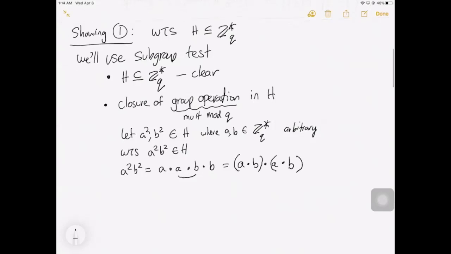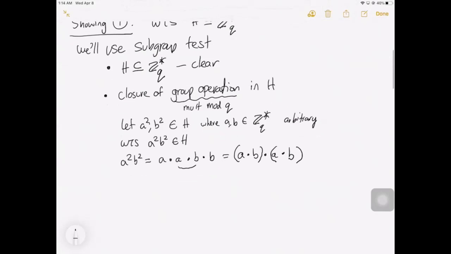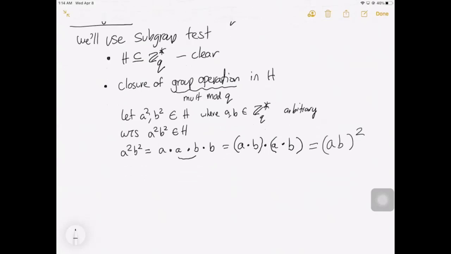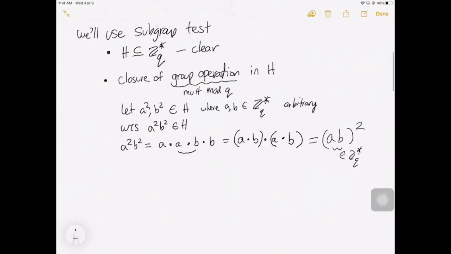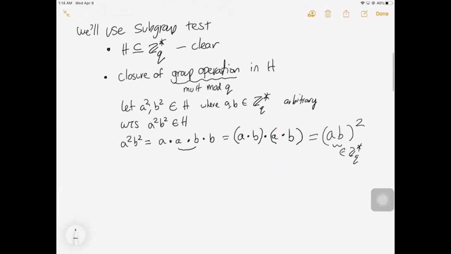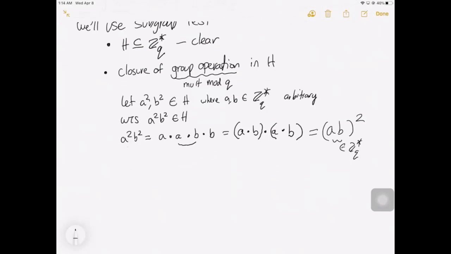So what I've proven here is that a squared b squared is equal to ab fully squared. And note that ab is definitely an element of Z star q. So we have that a squared b squared is some element of Z star q squared. Cool. So we do have closure.